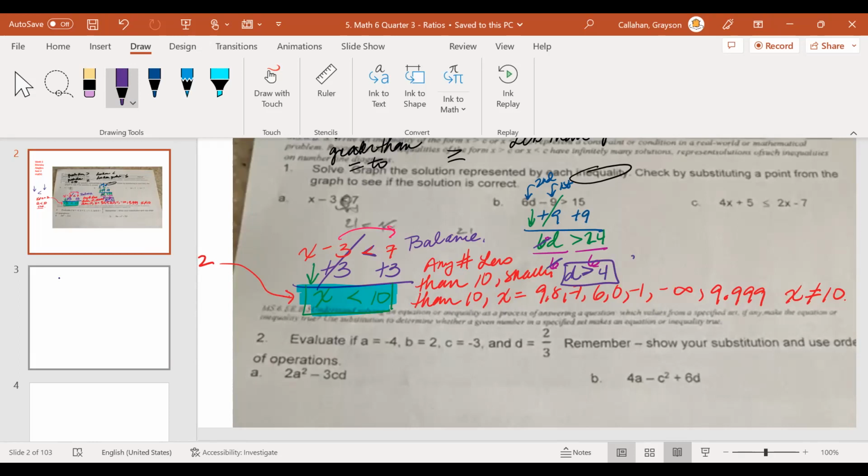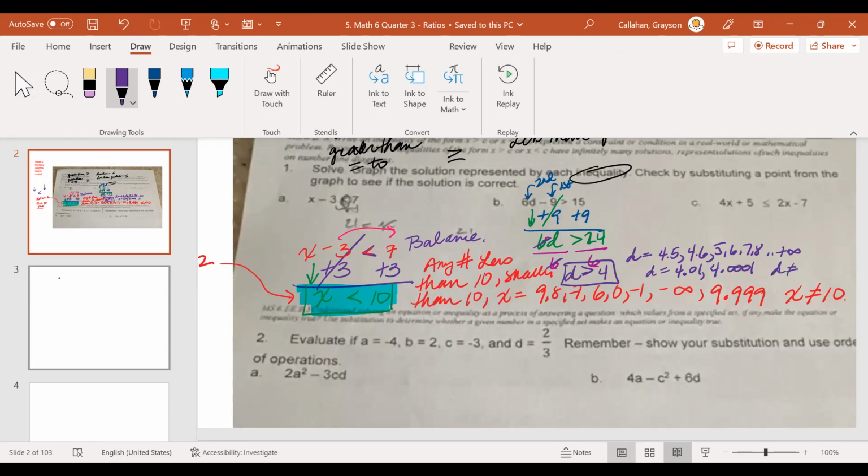So what does that mean? That means D can equal any number bigger than 4, like 4.5. It could be 4.6. Those are bigger, right? It could be 5, 6, 7, 8, all the way to any number to positive infinity. Do you see that? Okay, that's what it means. D can also be 4.01. It could be 4.0001 because 4.00001 is still bigger than 4, right?